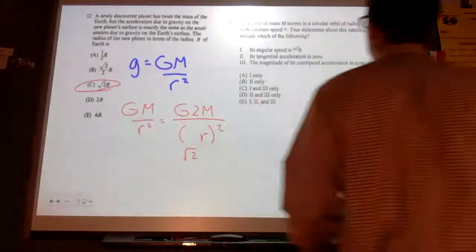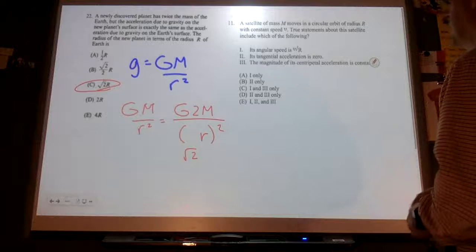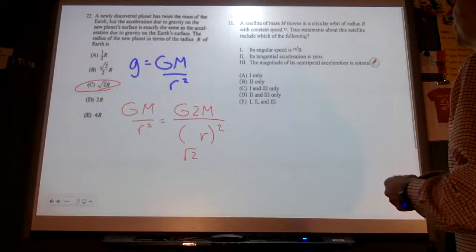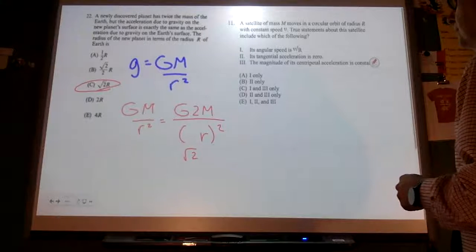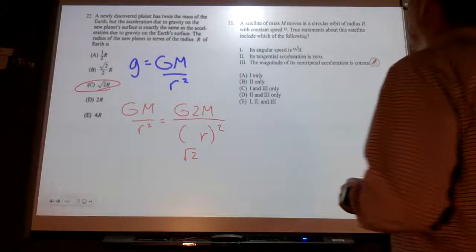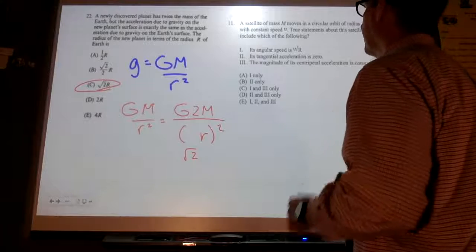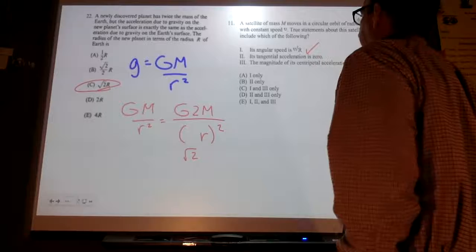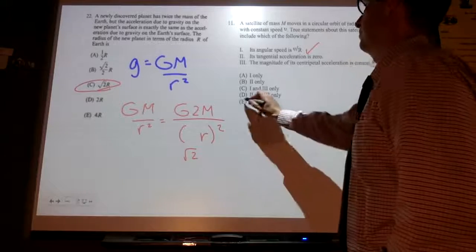A satellite of mass m moves in a circular orbit of radius R with constant speed v. True statements about this satellite include which of the following? That is the definition of all of them.